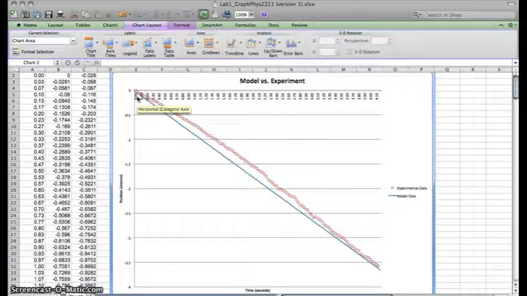The model data, which is exhibited by this blue line, shows a perfectly straight line, or constant relationship, between position and time due to the constant velocity condition, also implying that the final velocity is negative 0.879 meters per second as well.